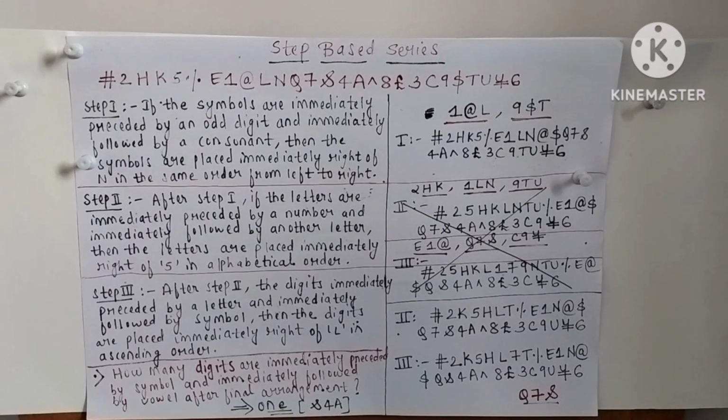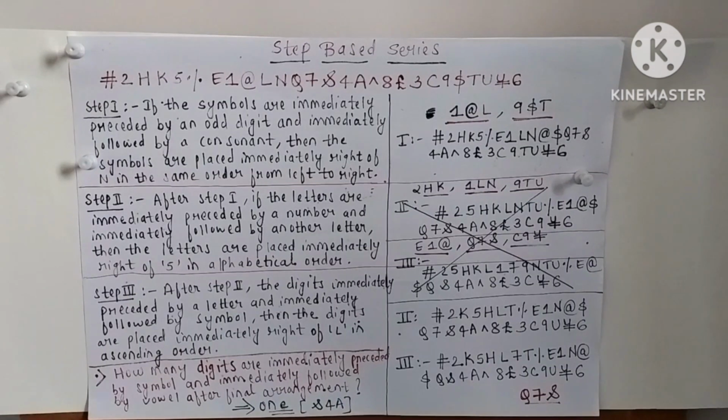So series is given to you. Step 1 is saying what? If the symbols are immediately preceded by an odd digit and immediately followed by a consonant, then the symbols are placed immediately right of n in the same order from left to right. Okay, so symbols which are immediately preceded by an odd digit and immediately followed by a consonant.